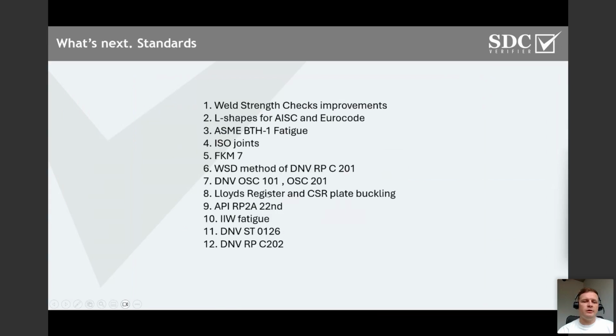Latest version of API RP2A has to be added. We already have this code, but the 22nd version was released, and we need to add this, as well as IIW fatigue. So this is our focus for the future and coming versions.